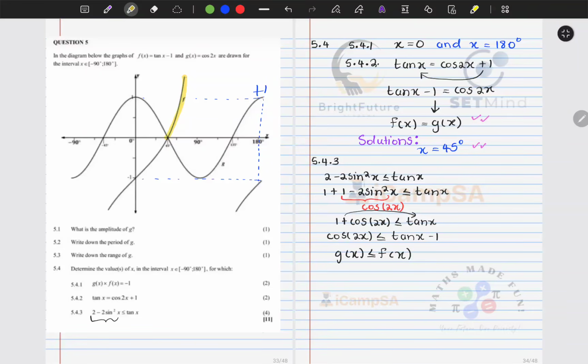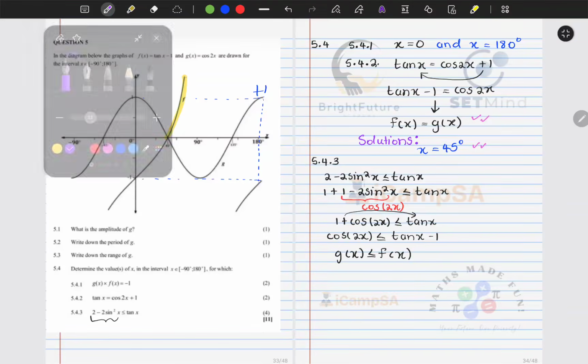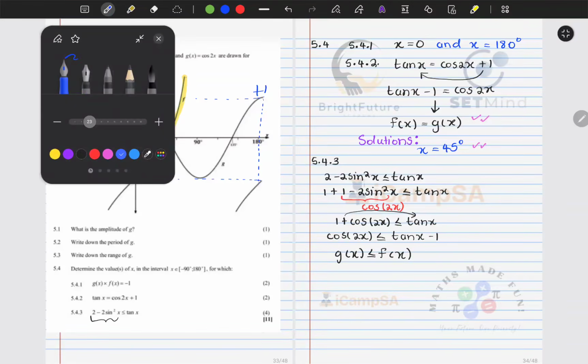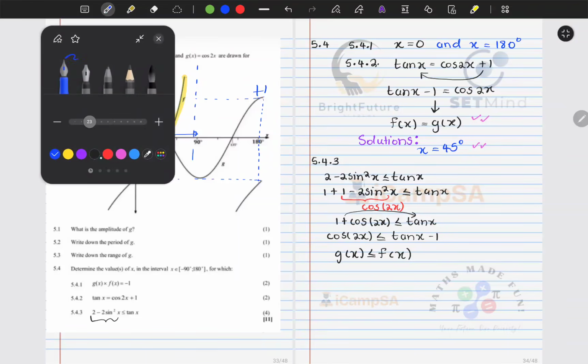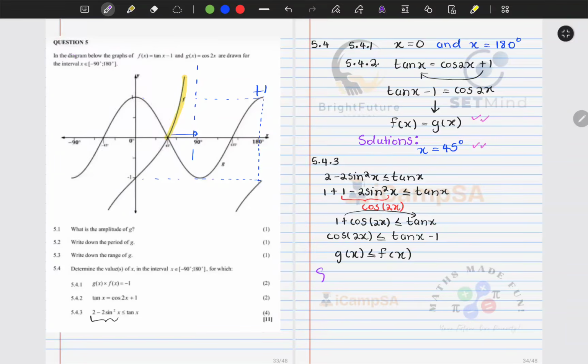And remember that it is approaching our asymptote, and the asymptote of this graph is at 90 degrees. So essentially, this just becomes x is an element from here up until we reach there. So what this means is that our solution is from 45 up until 90, but excluding 90.